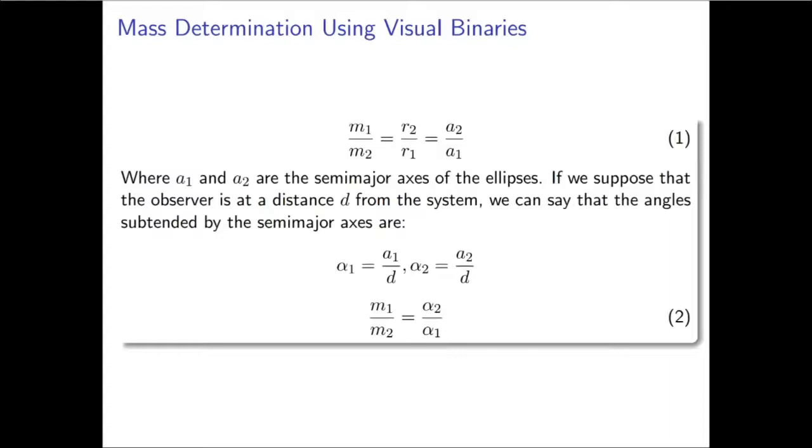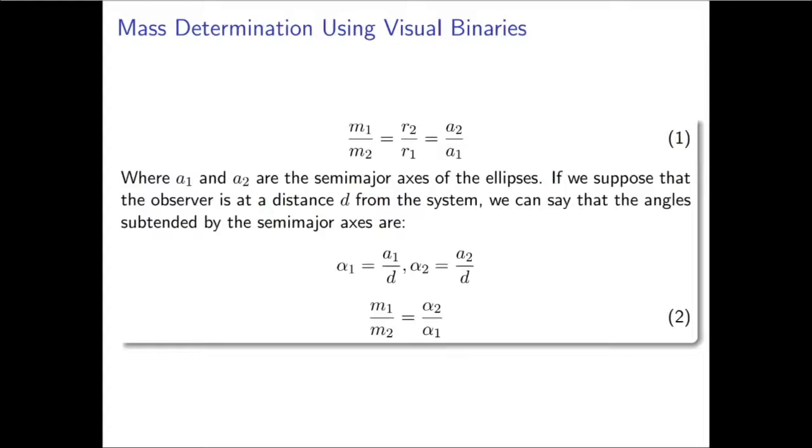There are certain binaries where you can find the stars in a circular motion, but in the normal cases, mostly they are in an ellipse. So here my A1 and A2 are nothing but the semi-major axes of the ellipse. So these will be two different values. We know that the semi-major axis will have a different value.